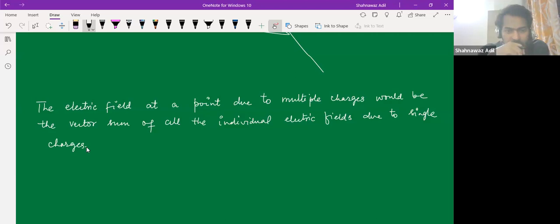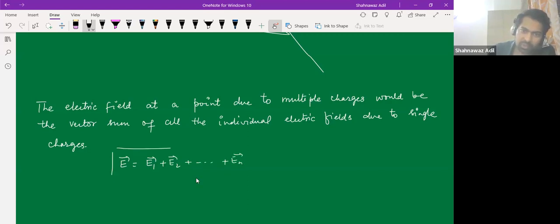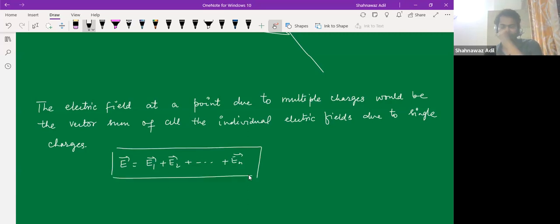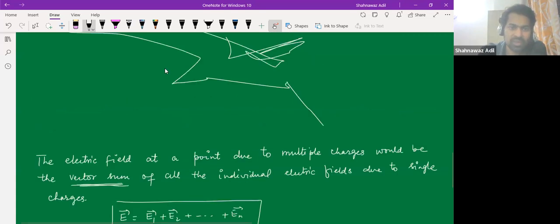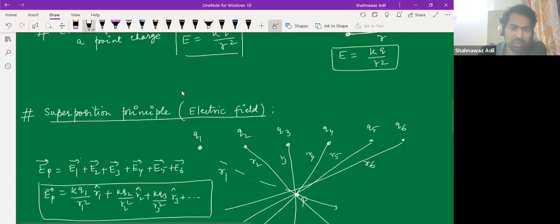Right? So as I have written, E would be simply E1 plus E2 plus so on. That is what the superposition principle says. If I calculate all the individual electric fields, then take the vector sum of those electric fields, just like the Coulomb forces, that is the superposition principle.